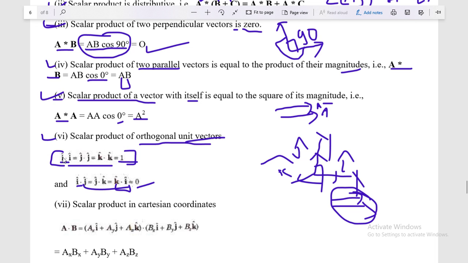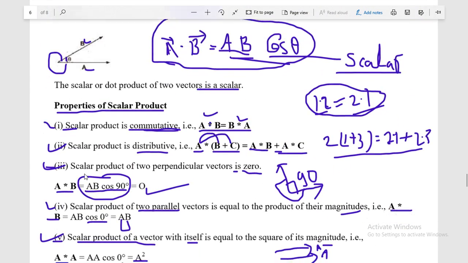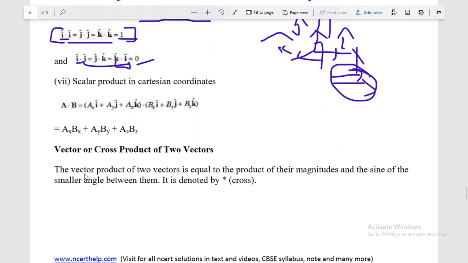It means the scalar product of a vector with itself gives the square of its magnitude, or if it is a unit vector then that will be 1. But if two vectors are perpendicular to each other, then their scalar product must be 0, whether they are unit vectors or not. Okay, so these two identities will play a very important role when we solve the numerical problems.